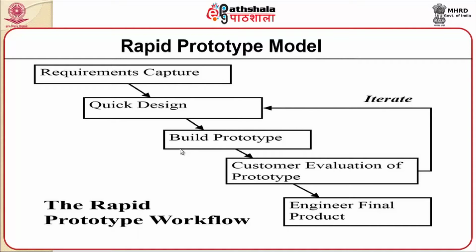We look at the requirements capture. Before we give it as a final product, it undergoes different stages like quick design, building up a simple prototype, and evaluating with the customer, which has not happened with the previous models. It evaluates with the customers and the iteration process goes on. Once the customer is found to be happy, then I will be delivering the final version of it.